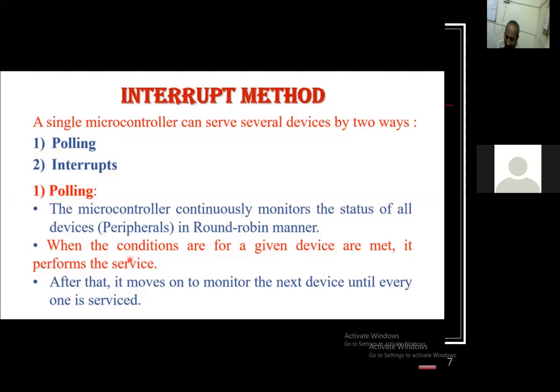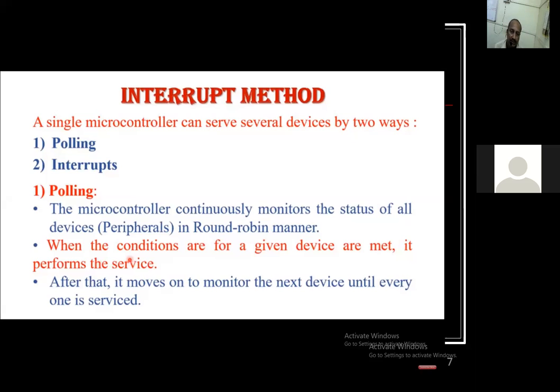That means if interrupt 1 has occurred and is over, it will check the status of interrupt 2. If not, it goes to interrupt number 3. And at this moment, if interrupt 1 occurs, it has to wait till interrupt 3, interrupt 4 and interrupt 5 are over.